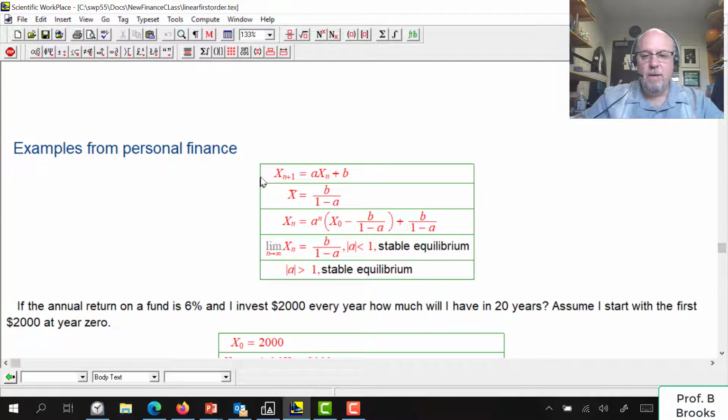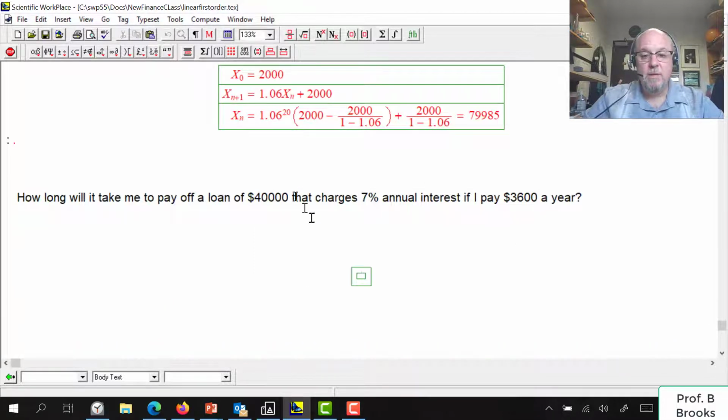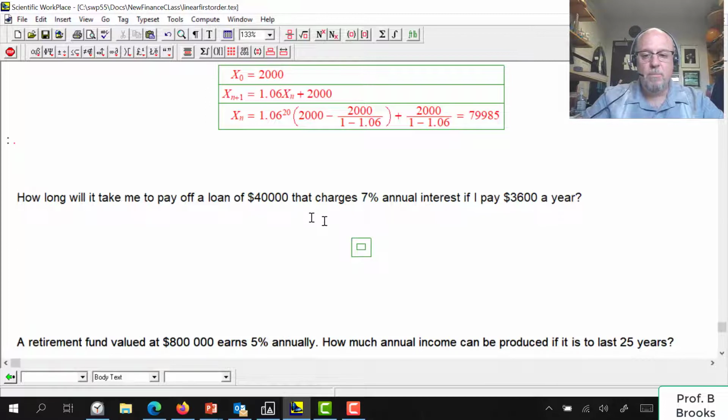I'm going to use the same equations here. So I want to figure out what my A and my B is. So let's figure out what happens with the money. Well, I've got to think about what happens when. I'm going to assume that the bank charges me the 7% interest first, and then it takes my payment into account.